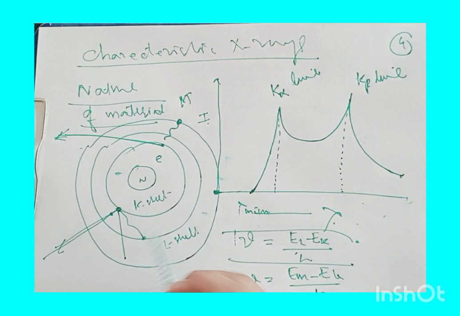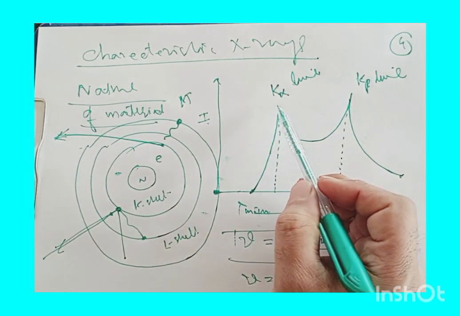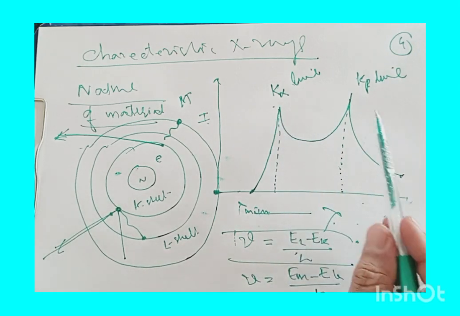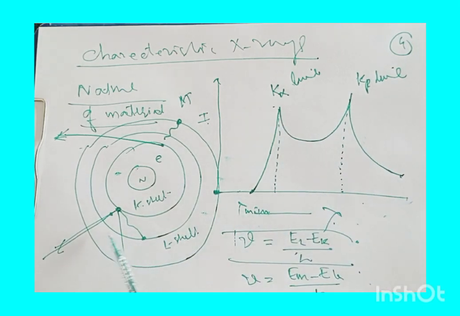When these inner orbits are filled by the outer electrons, in order to gain the minimum energy, the energy is emitted in the form of some peaks. In this example, we talked about the K alpha line and K beta line. The K alpha line is for a transition from L to K, and a transition from M to K refers to the K beta line. So this is how we demonstrate the characteristic X-rays.